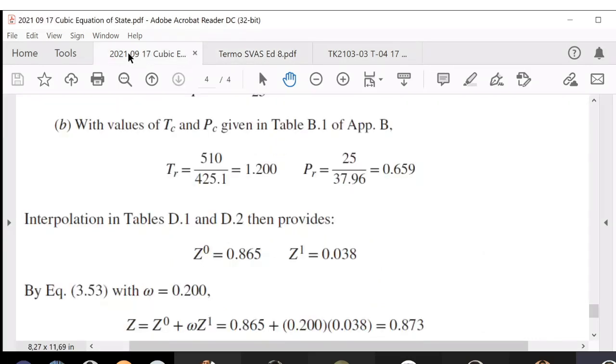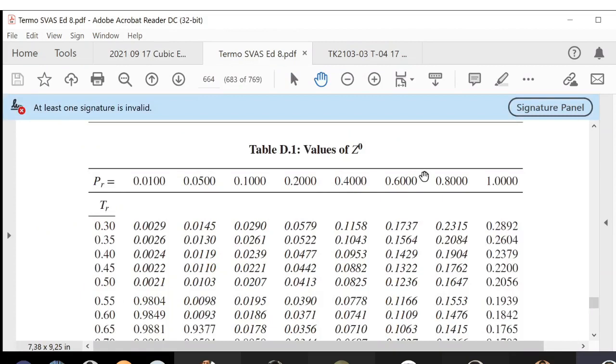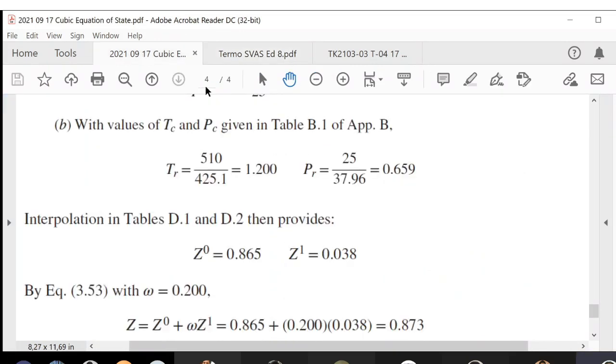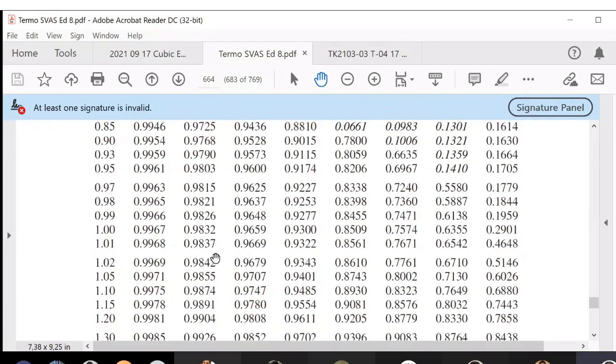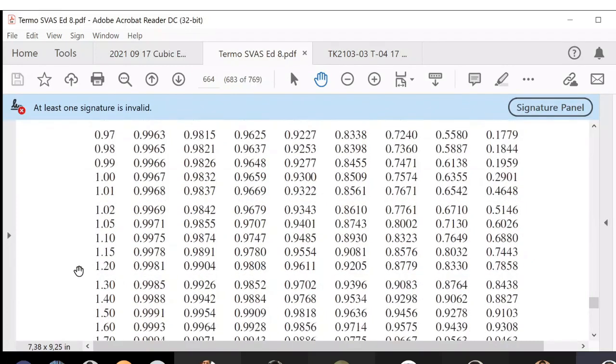Back to the example, we have the Z0, the TR is 1.2, and the PR is 0.6 something. So we find the PR is 0.6 something in between here, and the TR is 1.2 over here.